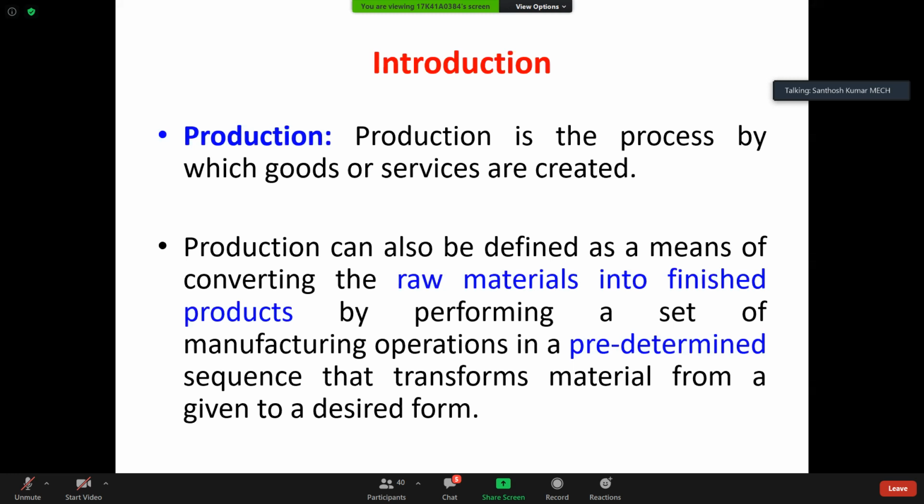We discussed why we need to choose PPC and how it will be helpful to you when you go to any company's recruitment process, how the industry is working, and what is the importance of a PPC engineer in industry. All those things we discussed.